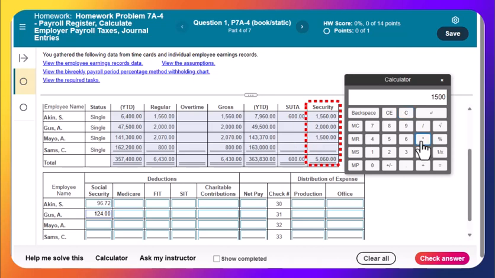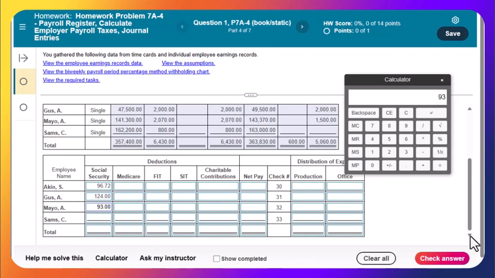So we can go ahead and multiply that by 6.2% for $93 even. And Sam's is 0, but again, we do not type in zeros in this problem, as mentioned in the green writing. So we can go ahead and add those through. And for time's sake, I'm going to type that in. And then we can move on to the Medicare deduction here.